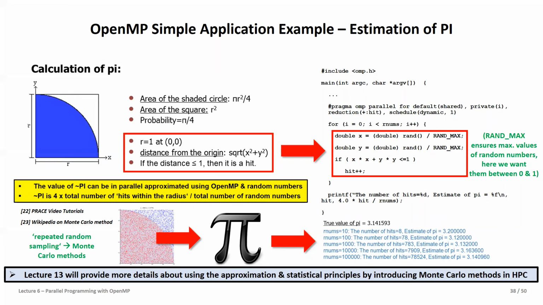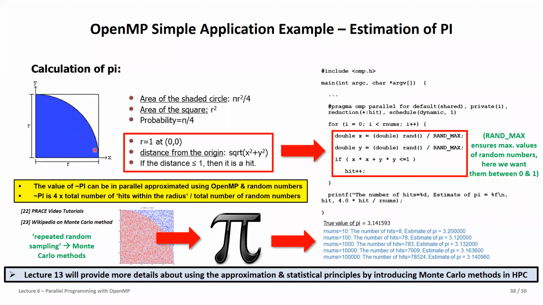But here's a very simple example for OpenMP of how that could work. When you have the calculation of pi, what we can do is break this big problem of the calculation of pi into one of four problems. We have a big circle, in blue, but we just look at a quarter of it.